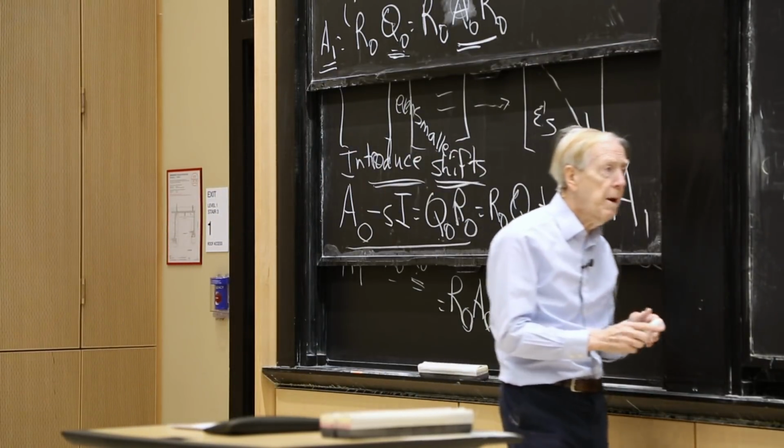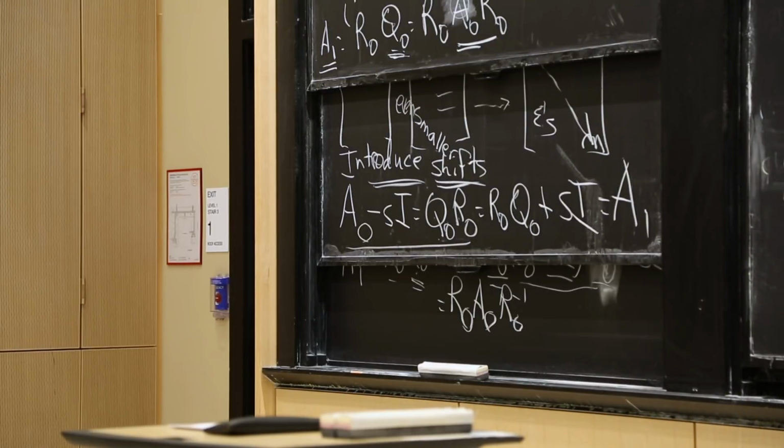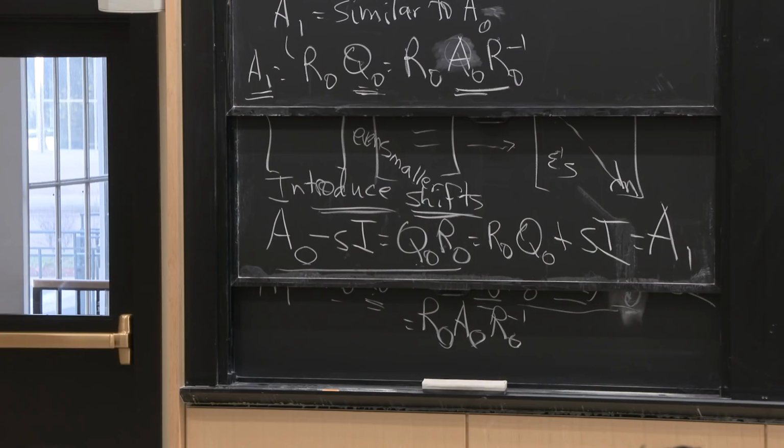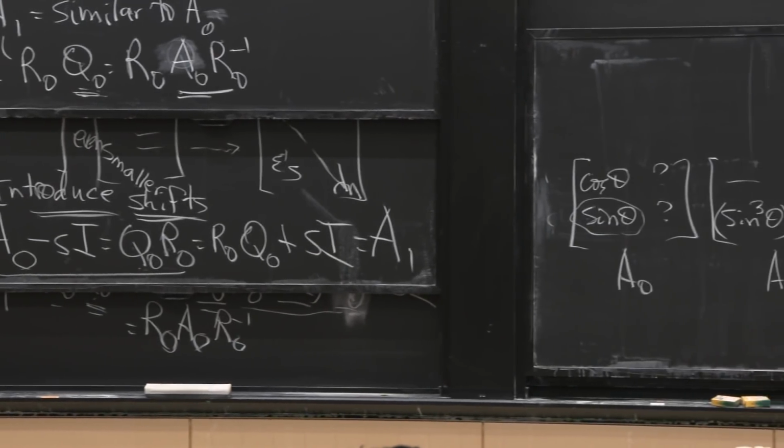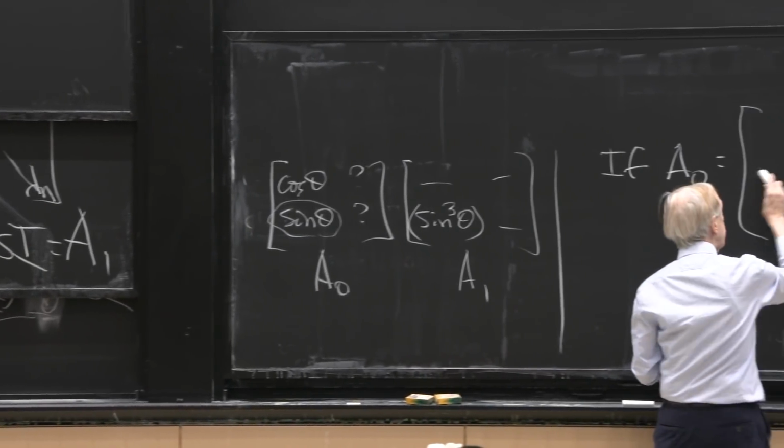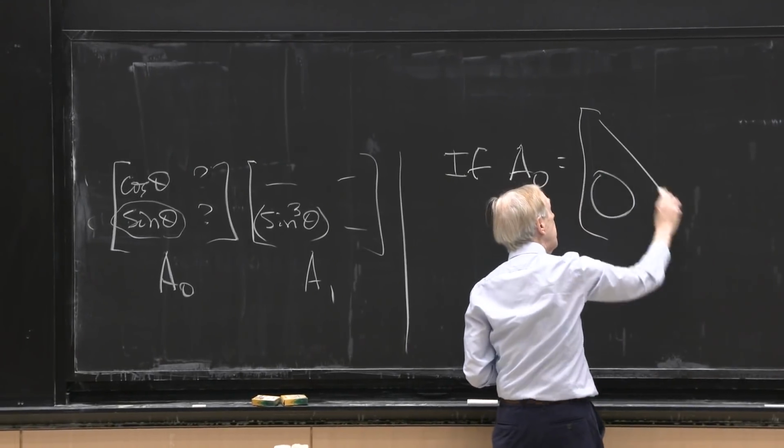So what am I going to say? I'm going to say, if A naught, our original matrix, has a bunch of zeros, let's say it's got a whole lot of zeros there.